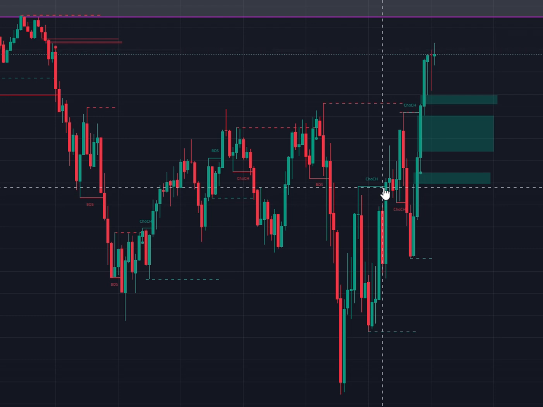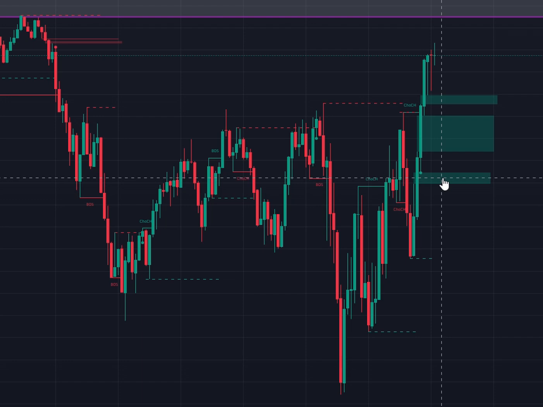And let's say a bullish fair value gap, we got one right here, and the price trades down into it, you'd want to wait until the market displaces and makes a strong move higher, creating the market structure shift.